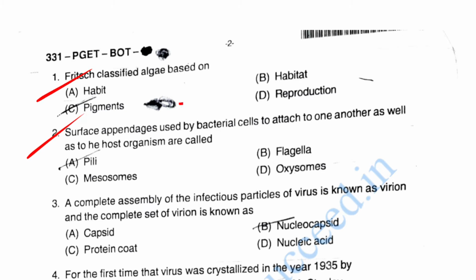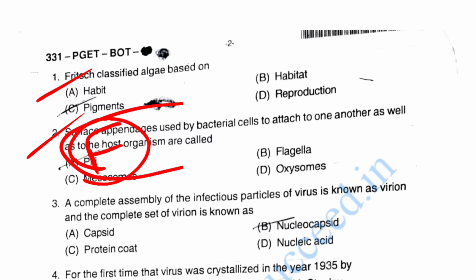In the conjugation process, first of all two bacteria come nearer, and the bacterium with the F plasmid, the F factor plasmid, forms a pili, sex pilus or pili.